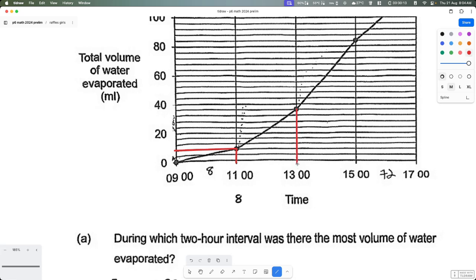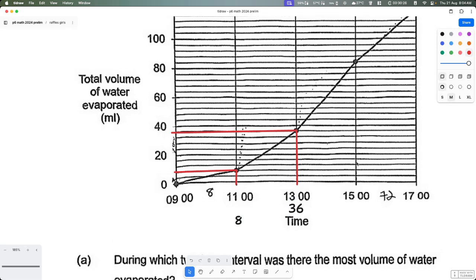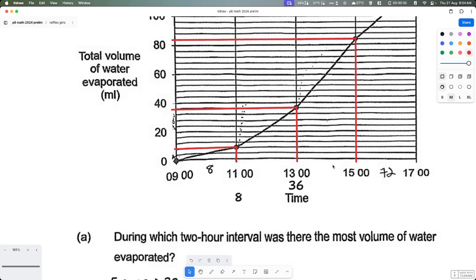Okay, this is below 40, so this should be 36. And then let's go to 3 o'clock. 3 o'clock will be above 80, so this should be 84.